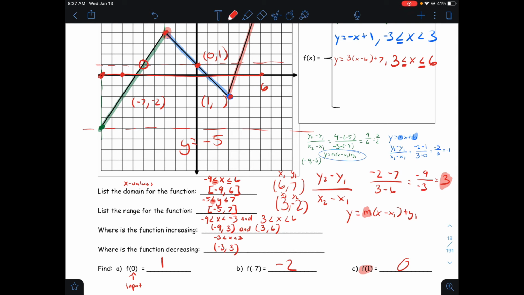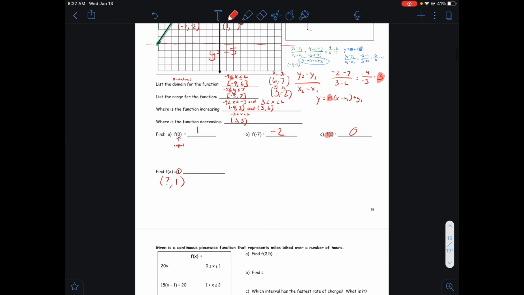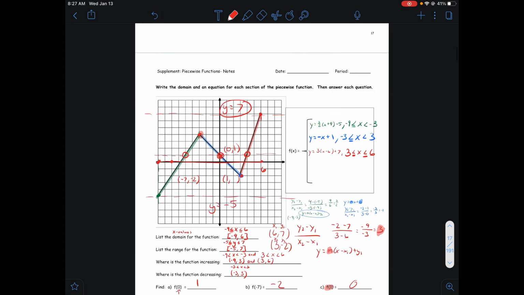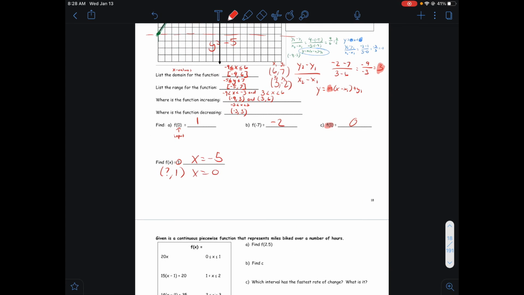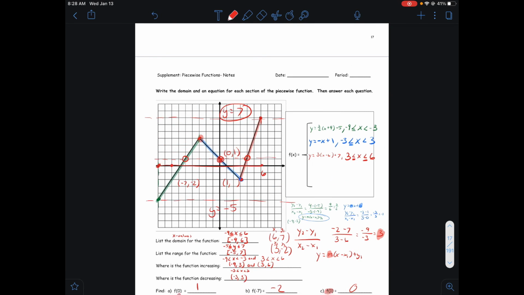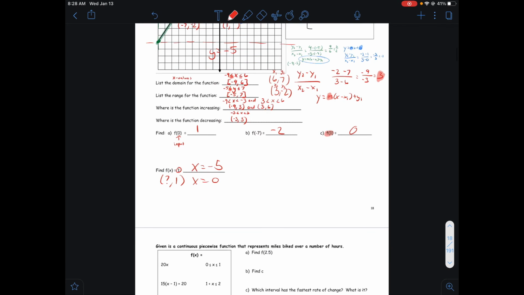We actually have several outputs here. Or I'm sorry, we have several inputs that will give you an output of 1. So you have negative 5, you have x equals 0, and you have x equals 1, 2, 3, 4.